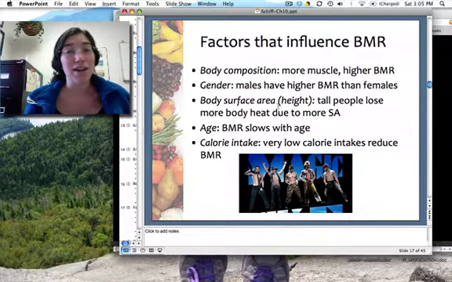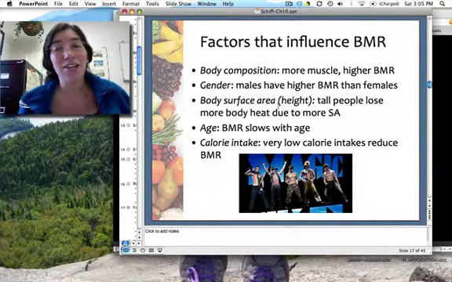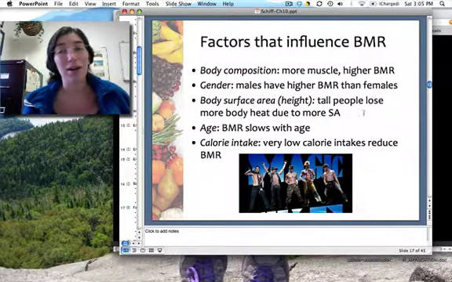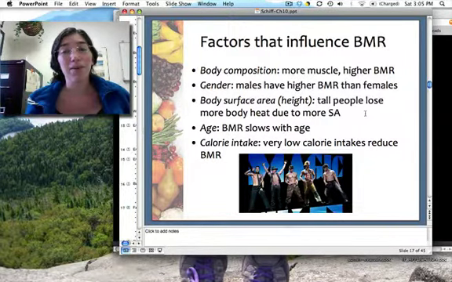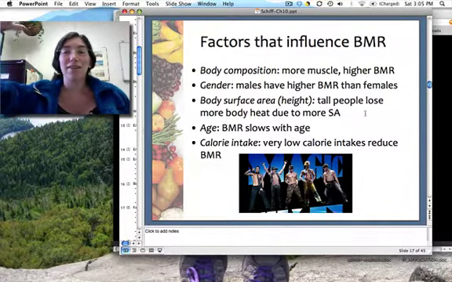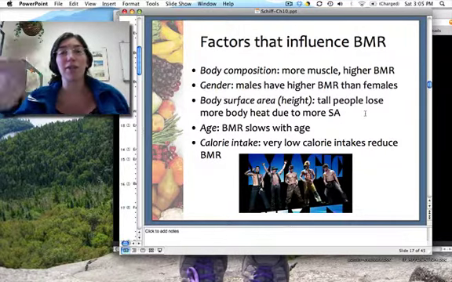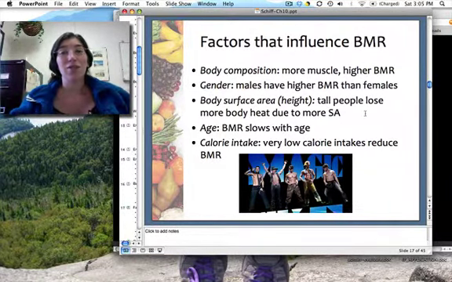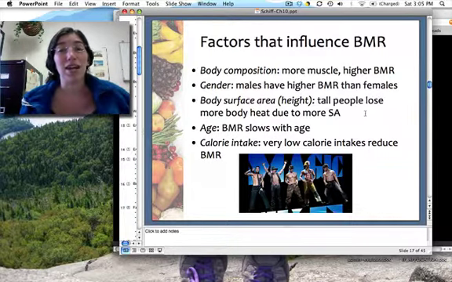Body surface area, in other words, your height, can also influence your BMR. So taller people tend to have a higher basal metabolism because, since they're taller, they actually have more surface area. And the more surface area you have, the more your body loses heat through your skin.